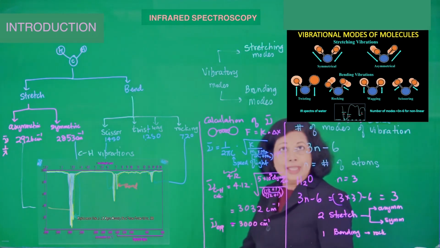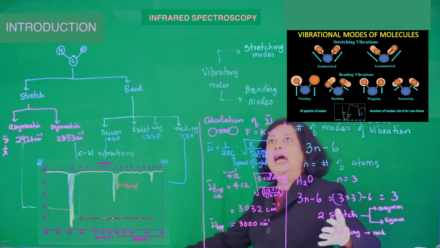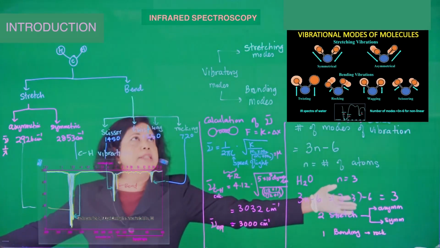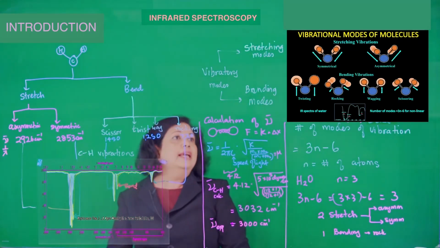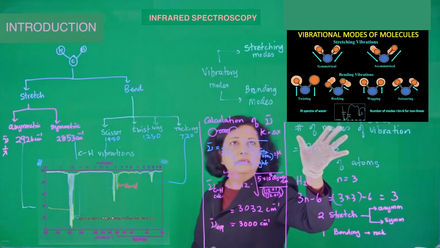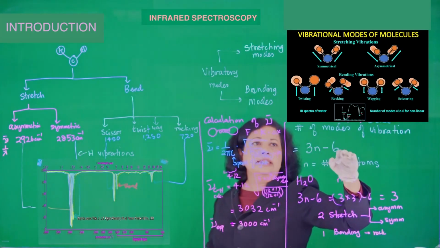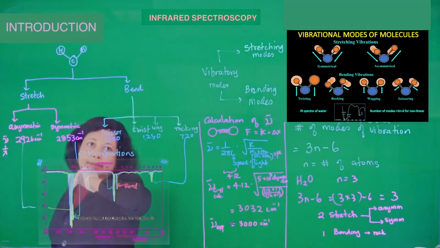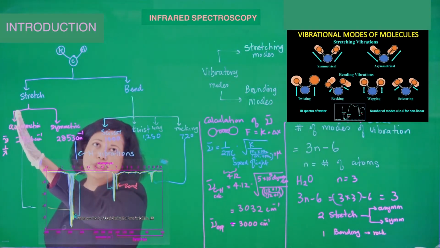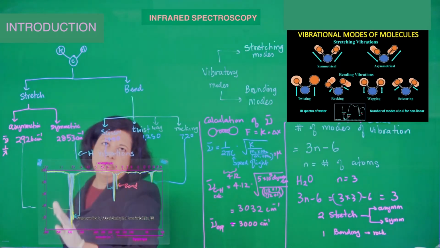All right. So in summary, I'd like to say that all molecules have vibratory modes that are stretching or bending. And we can calculate how many different stretching or bending modes they have by using this equation, 3n minus 6, where n is the number of atoms. Typically, asymmetric stretches are going to be a teeny bit higher than symmetric.